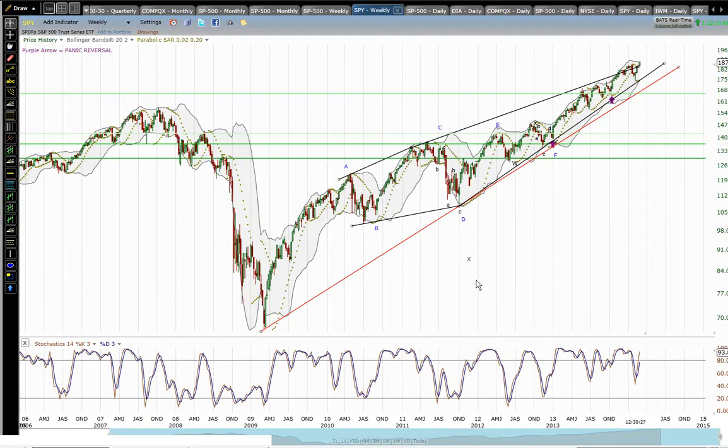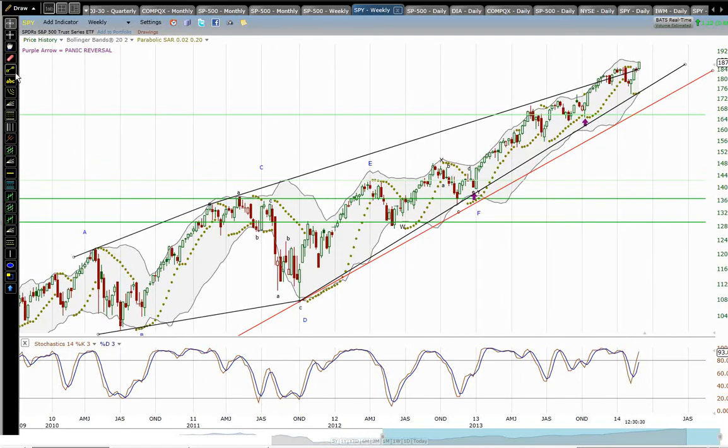If we look at the upper channel line in the S&P 500 from the highs over the last year or so, so the highs in spring 2012 to the highs here in spring 2013, that channel line would be a kind of overhead resistance line.